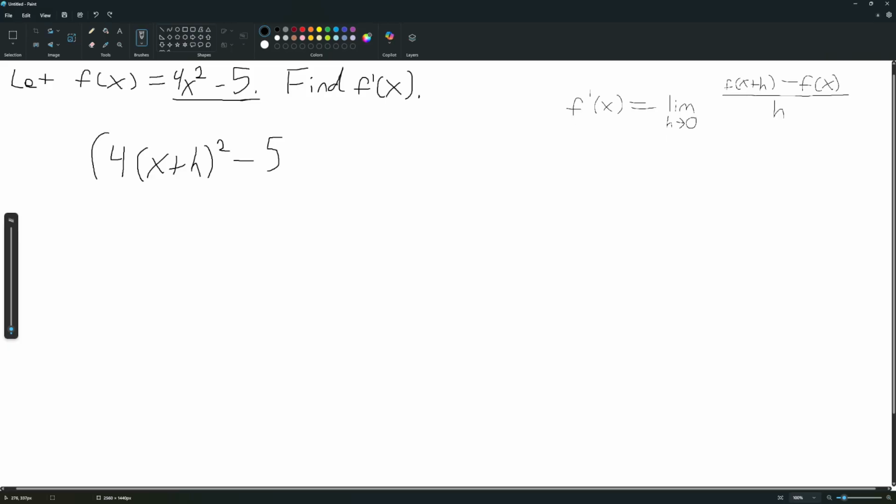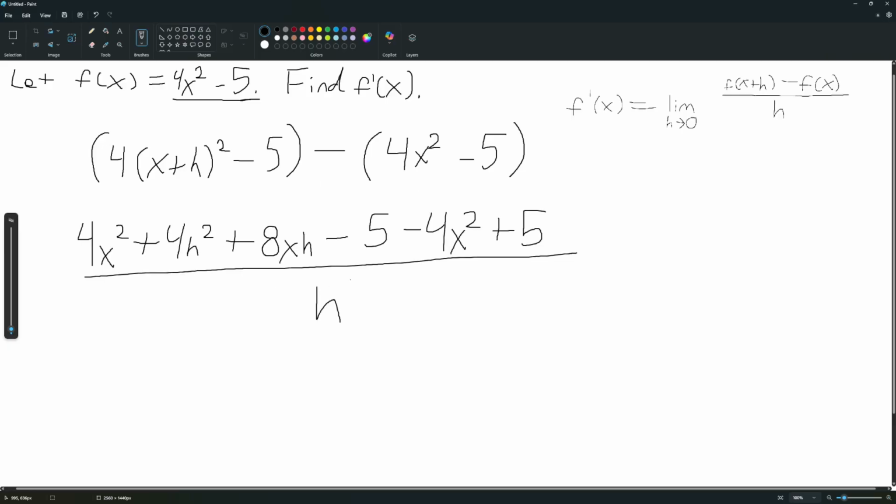So I'm going to put this in big parentheses, and then we're just doing minus f of x, which of course is 4x squared minus 5. Now at this point, all of this is just a lot of algebra. So I'm going to simplify this for you and we'll cut back. Also remember to distribute this negative, because this is inside a parenthesis, so don't forget that.